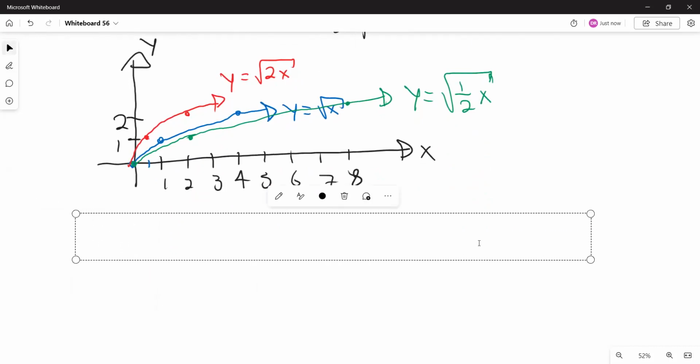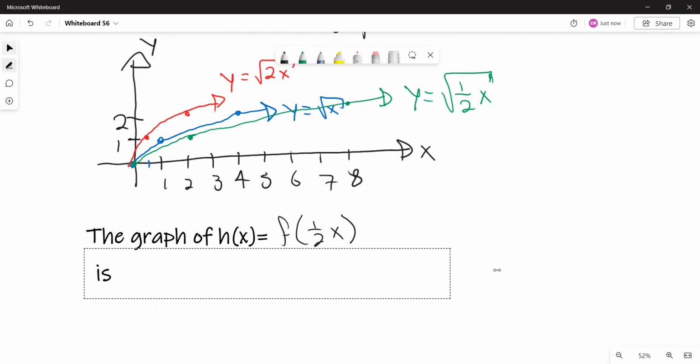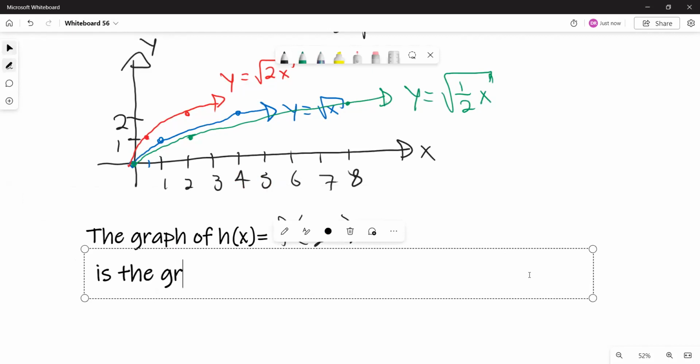And the graph of h of x equals f of 1/2 times x is the graph of f of x stretched horizontally.